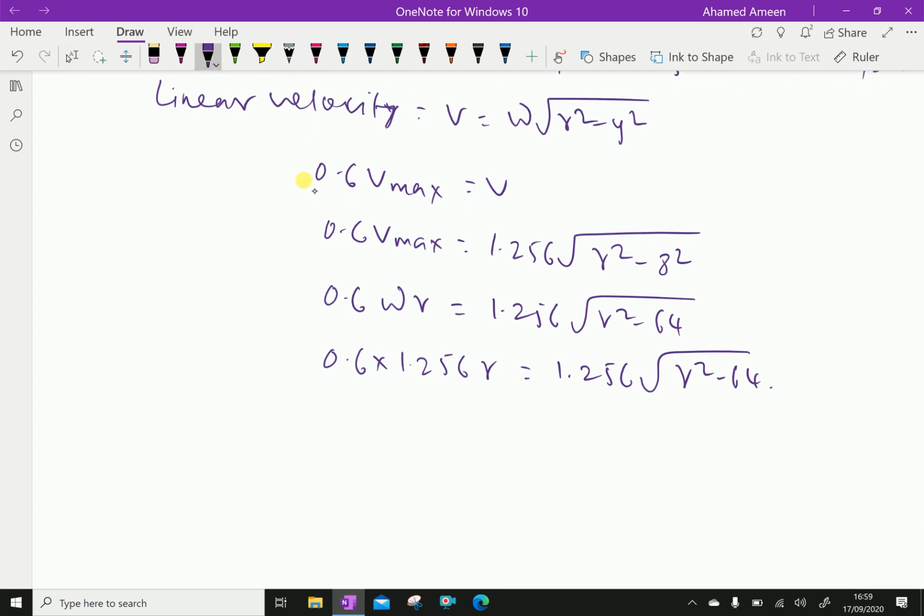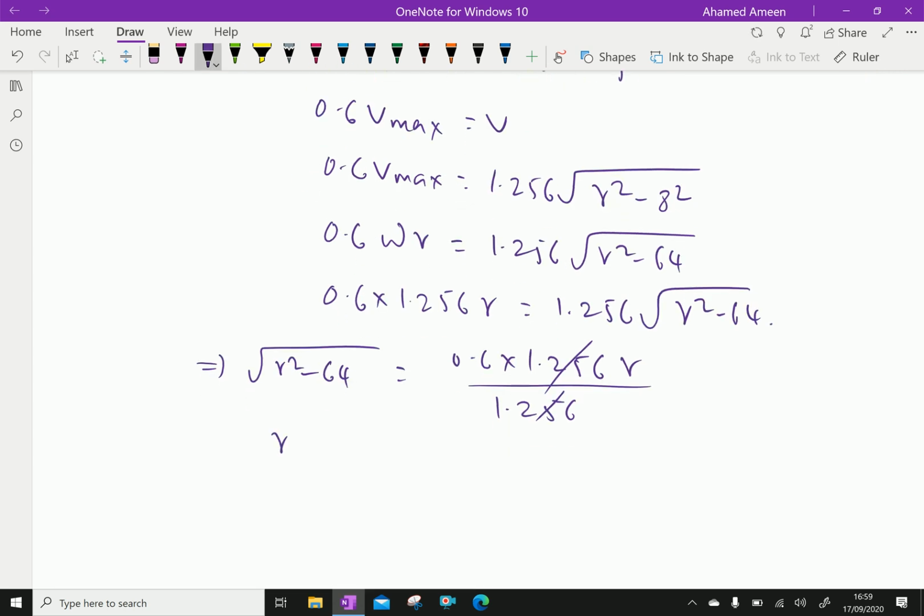From this we can find the square root of r squared minus 64 equals 0.6 into 1.256 r over 1.256. So the square root of r squared minus 64 equals 0.6 r.